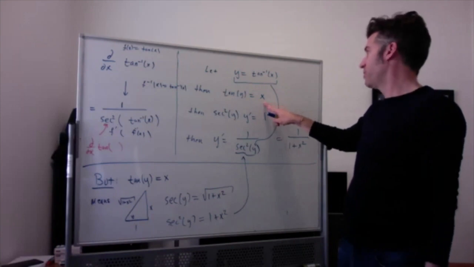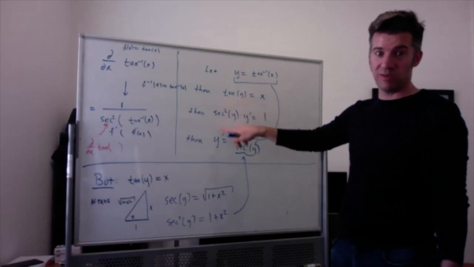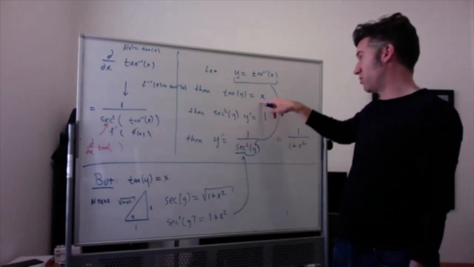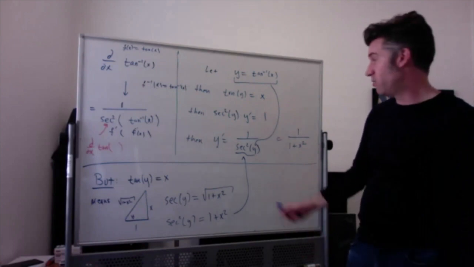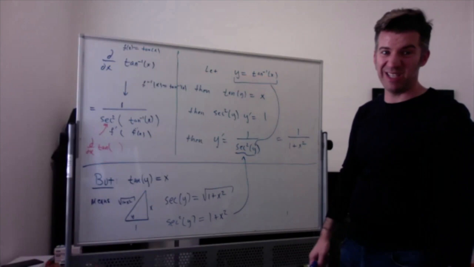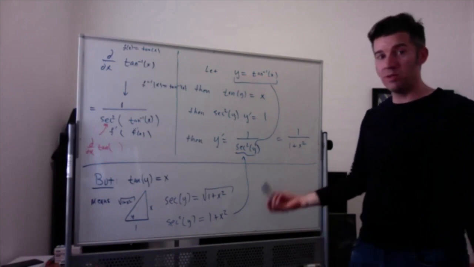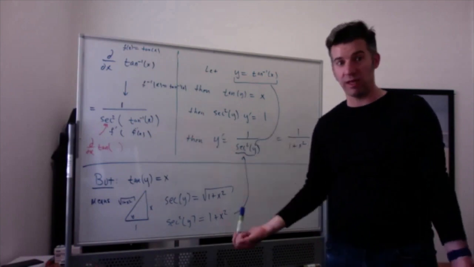So secant squared of y times y prime, the derivative of tangent, secant squared of some stuff times the derivative of stuff, equals the derivative of x, which is 1. Solving for y prime, we get 1 over secant squared of y, but y is inverse tangent. So either way you slice it, you get 1 over secant squared of inverse tangent of x.